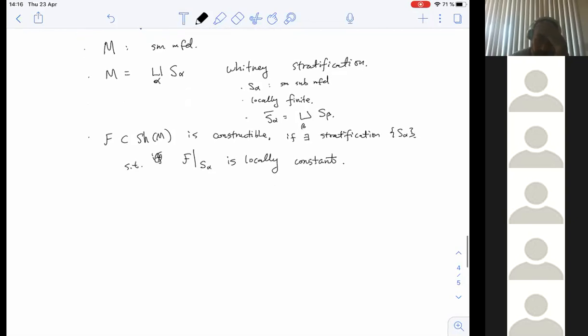Okay. And I want to maybe abuse terminology. I want to say a complex of sheaves are also sheaves.